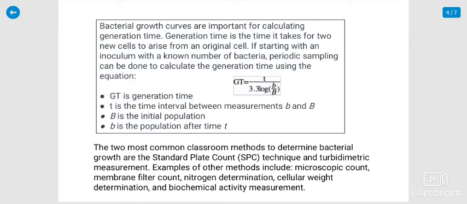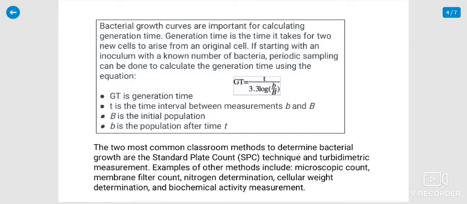The equation is generation time equals T, the time interval, divided by 3.3 log B by b, where b is the initial population and B is the population after time T. This calculation tells us how much time one bacterial species needs to double.